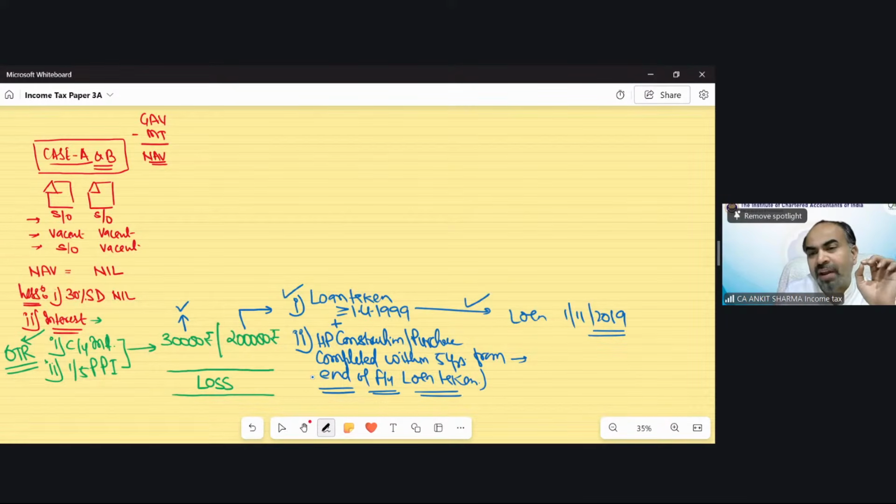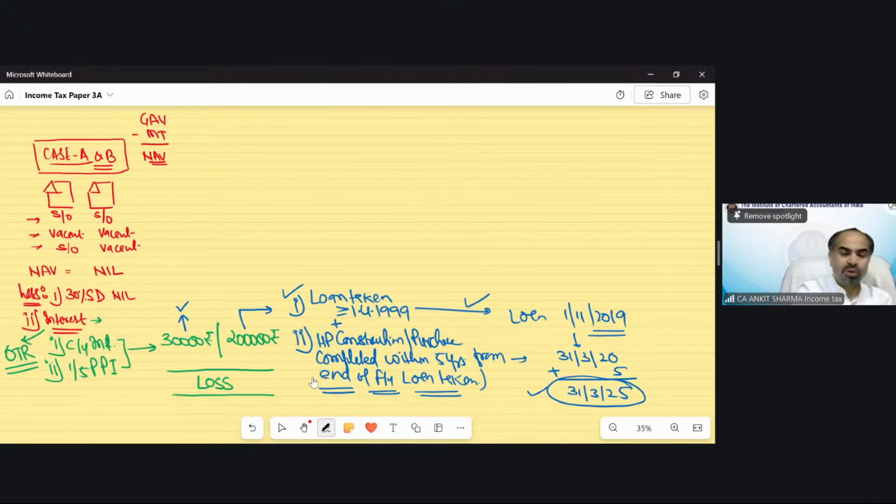So if you have taken the loan on 1st November 19, the end of the financial year would be 31st March 20. Then add 5 years. First of all, you need to go to the end of the financial year and then add 5 years, so it should have been completed up to 31st March 25.